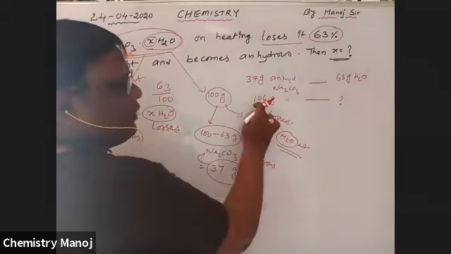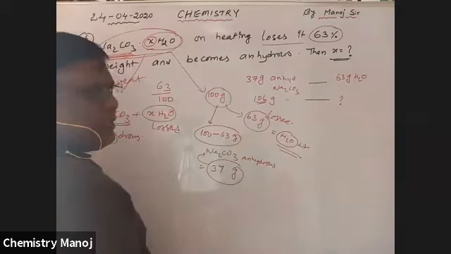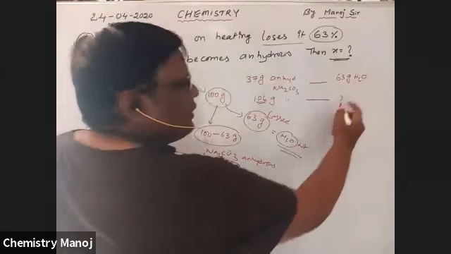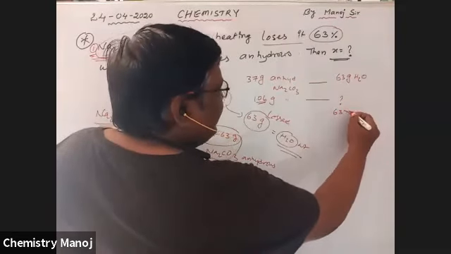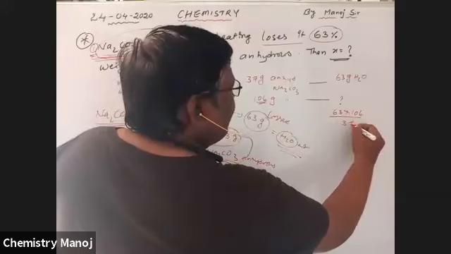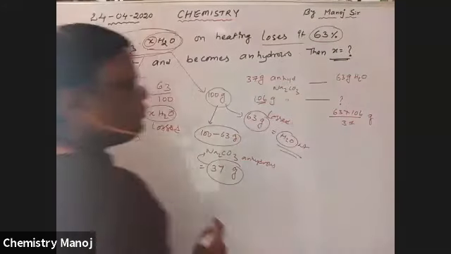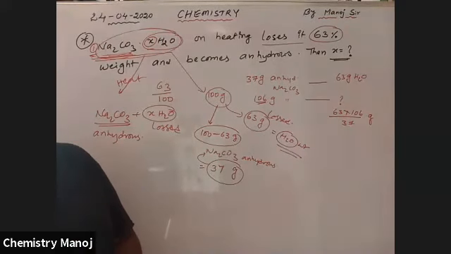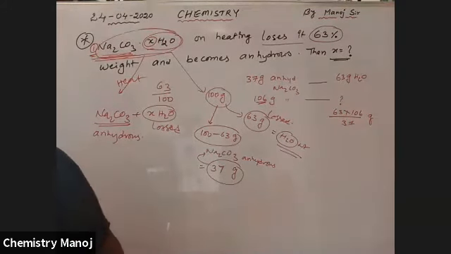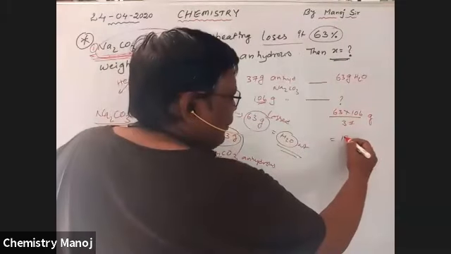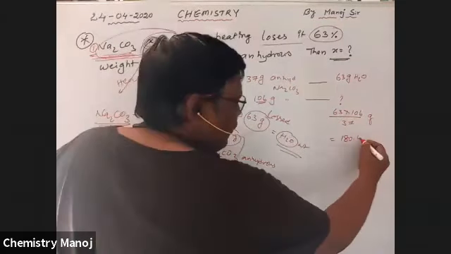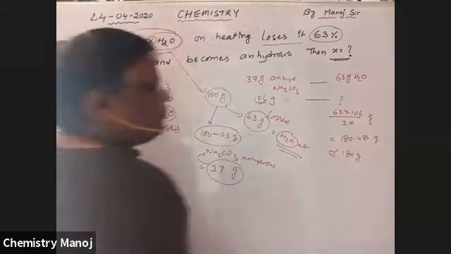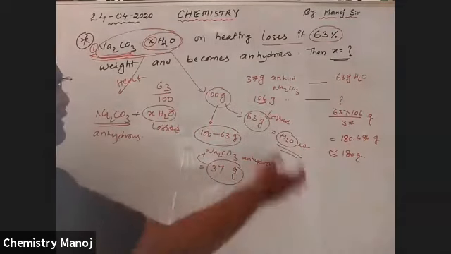So 1 mole of Na2CO3 is equal to the gram molecular weight, that is 106 grams. Then the water is 63 into 106 by 37 grams. Altogether the value is 180.486 grams. It is roughly taken as 180 grams. That is the weight of water.